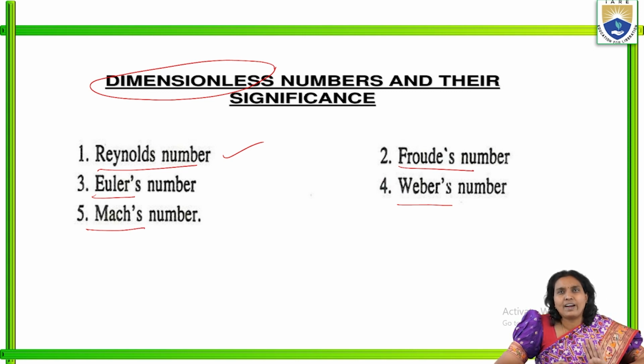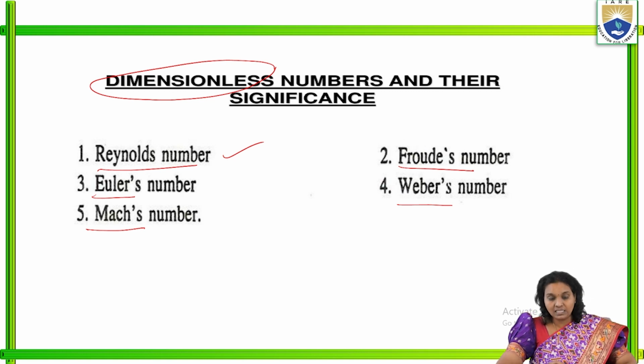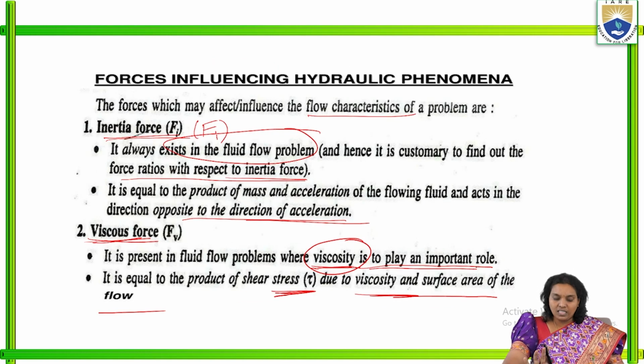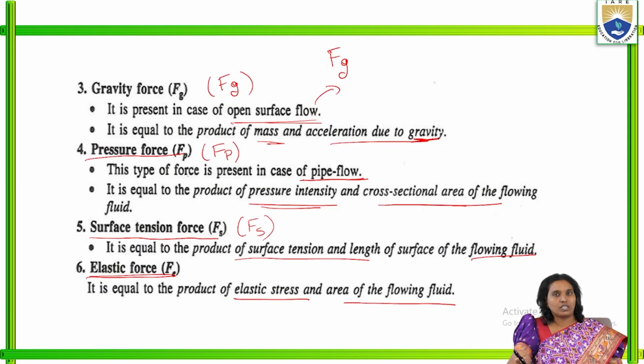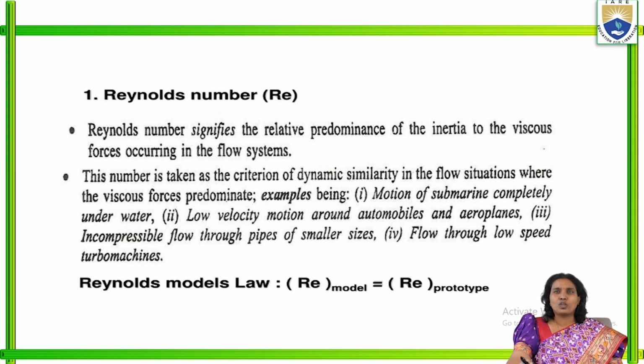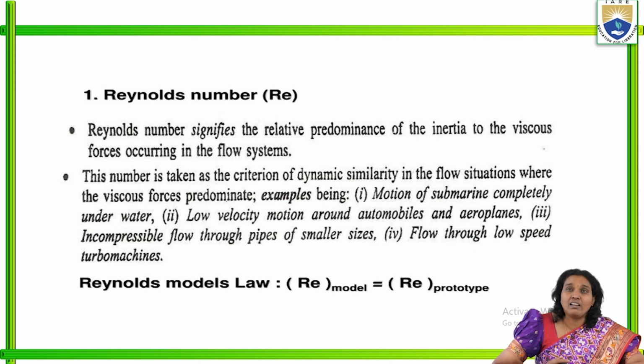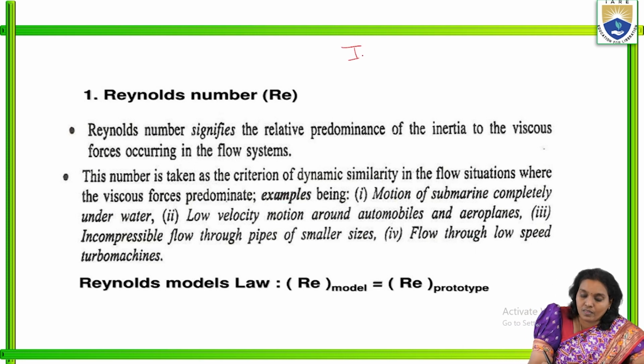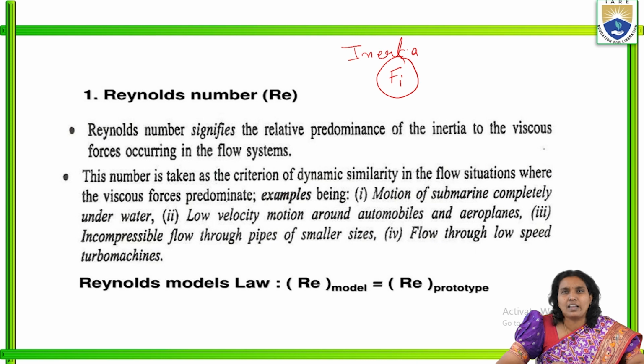These 5 dimensionless numbers occur due to the 6 forces: inertia force, viscous force, gravity force, pressure force, surface tension force and elastic force. In all these, inertia force is the common factor. So inertia force, F of I, appears in every dimensionless number.